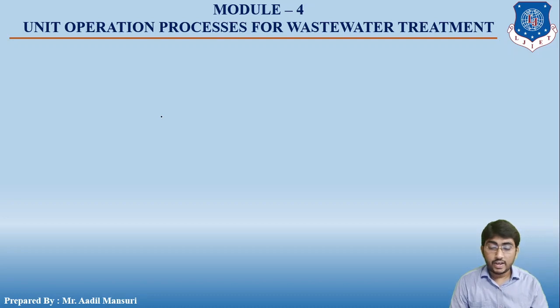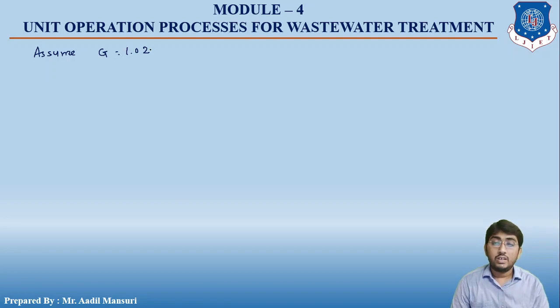Next, find out the density of sludge. For that we need to assume specific gravity 1.02, right? So unless mentioned you will take this. Specific gravity will be density of sludge by density of water, right?